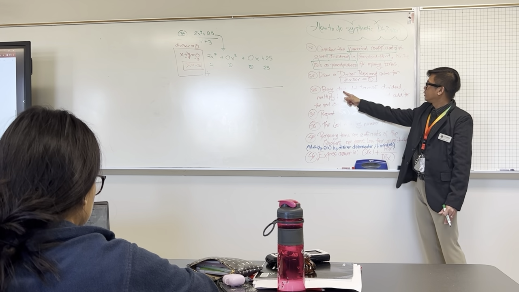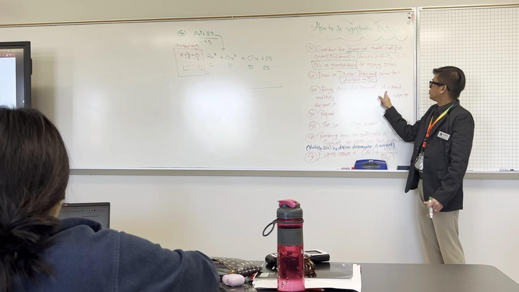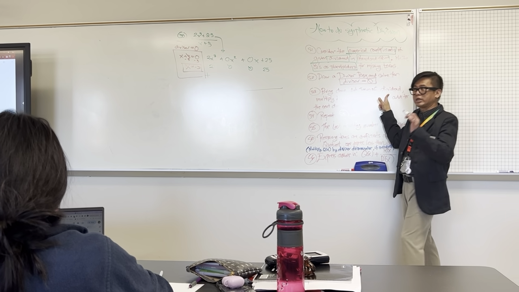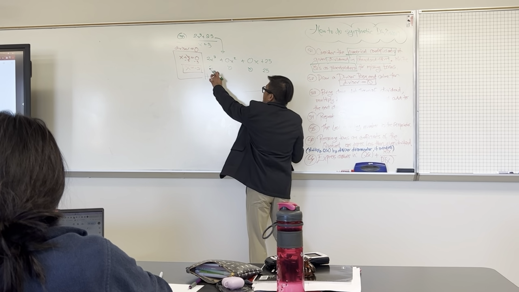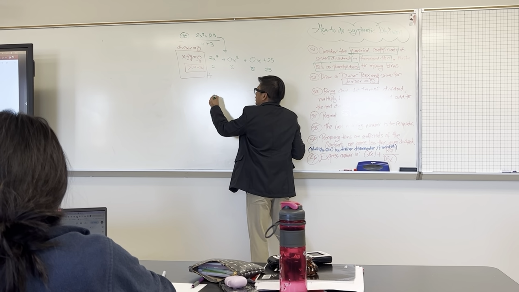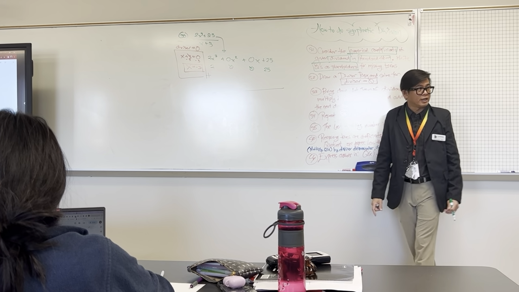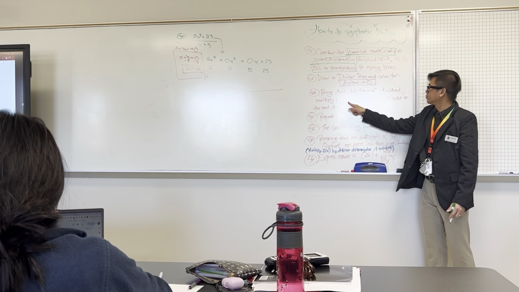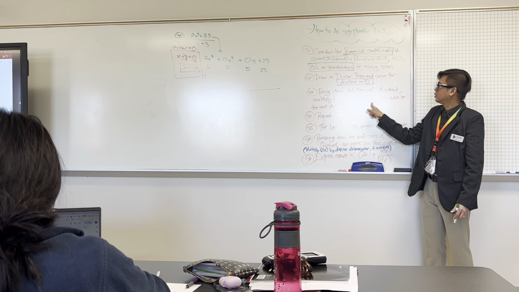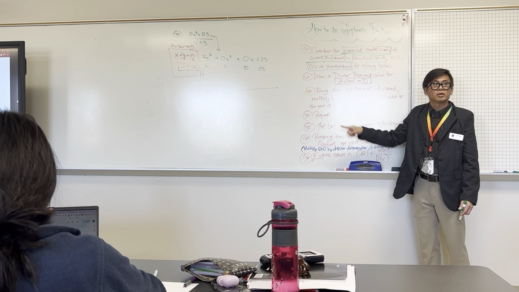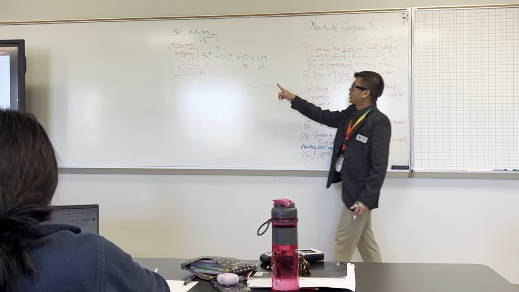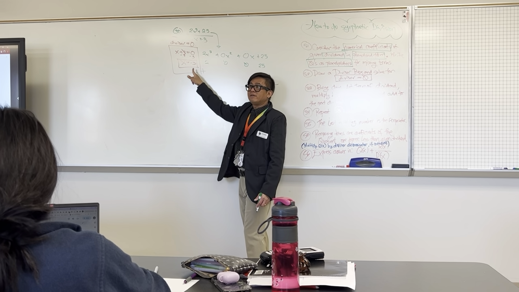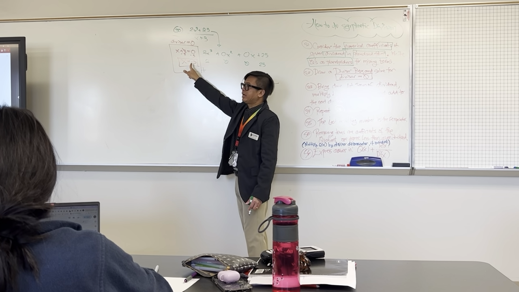Write down the first term of the dividend. Let's do that one first. You see this 2? Bring this down, the first term of the dividend. Continue: multiply by the divisor and add the next dividend. So whatever this is, you're going to multiply this by the divisor.